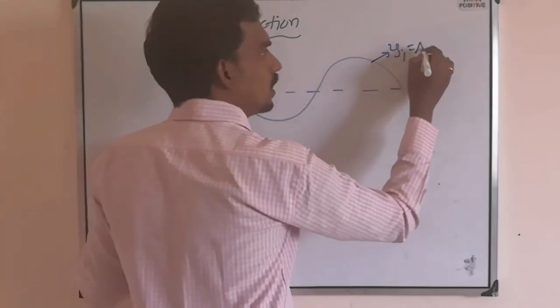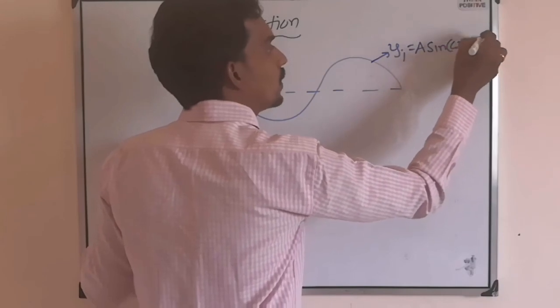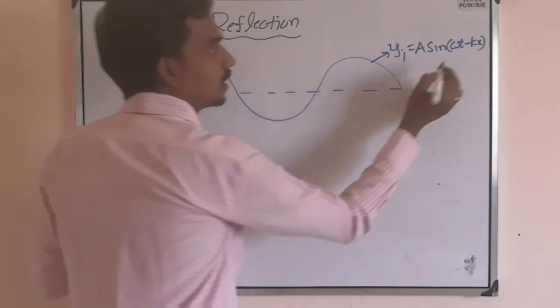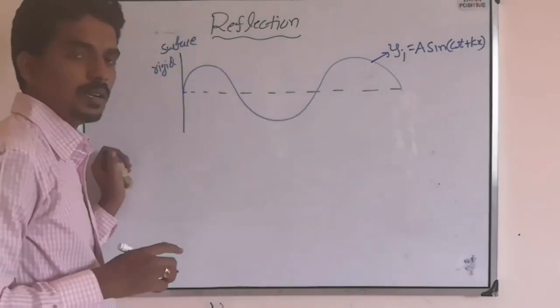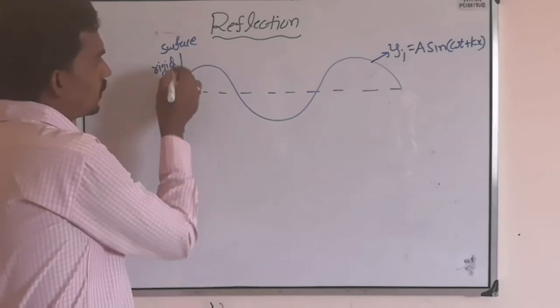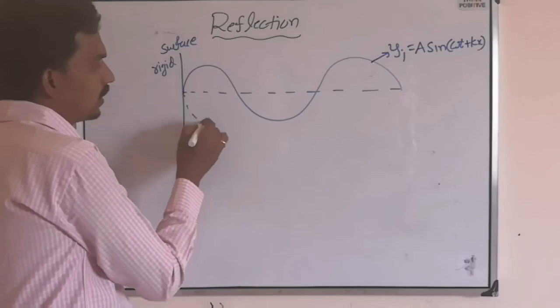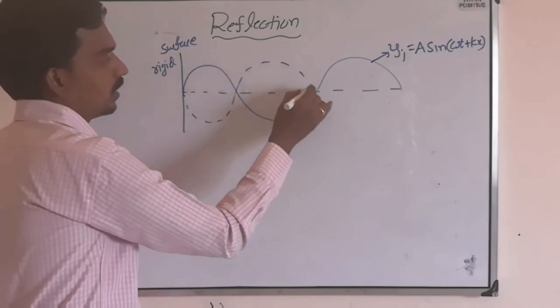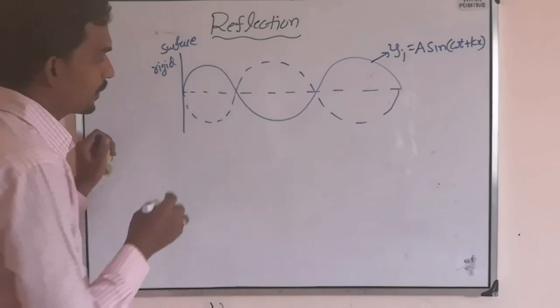So what is the equation of a wave which we have already studied? A sin(omega t plus kx), because it is travelling along the negative x direction. Now it reflected from this surface and as it is rigid, crest will reflect as trough.